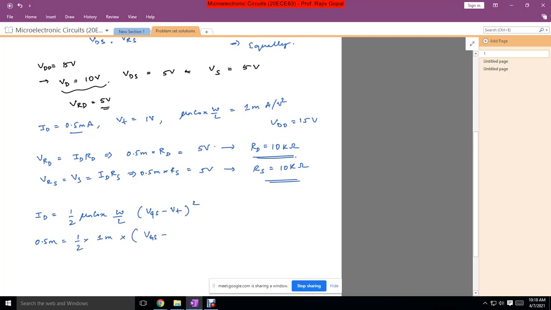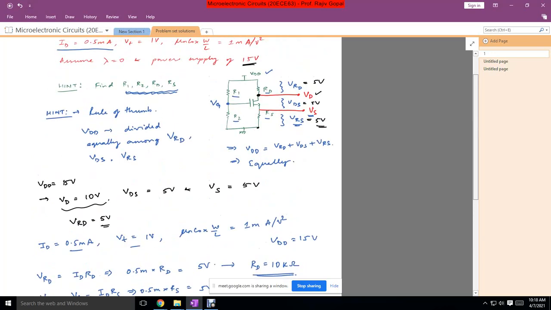VT is also given, 1 volt. So if I solve this, I get VGS as, let me calculate, 1 plus 1, 2. VGS is equal to 2 volts. Now VGS I know, which is 2 volts.